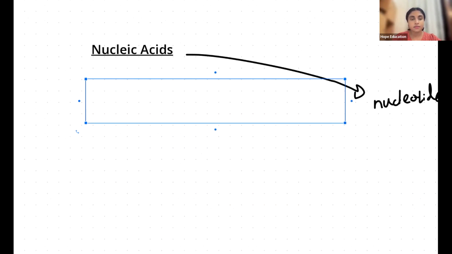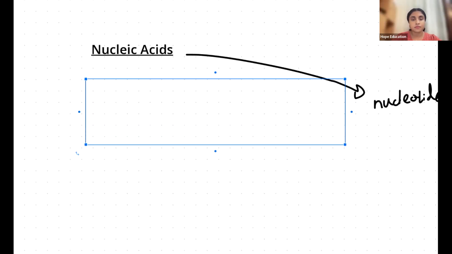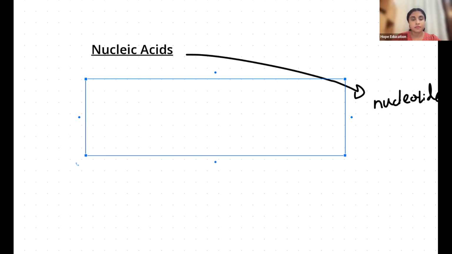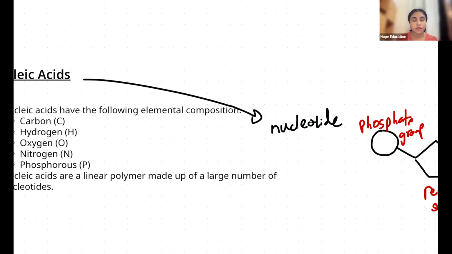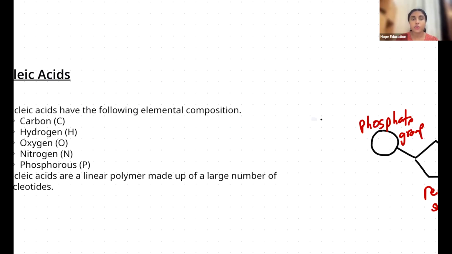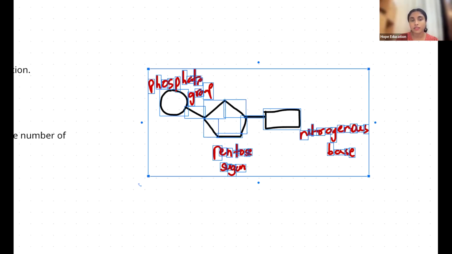This nucleotide, actually, you don't need to memorize the diagram, but we will still include it in the note.